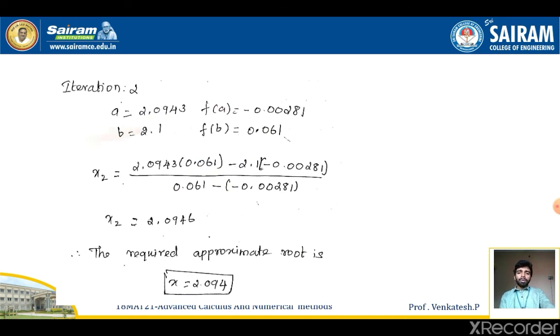In iteration number 2, I am taking a equal to 2.0943 and b equal to 2.1 along with f of a and f of b to compute x2. If I replace all these values in the formula and simplify, the solution will be 2.0946. Comparing the previous iteration and the present iteration, the values are the same. So the approximate value will be 2.094.